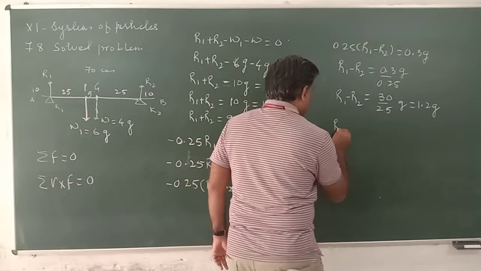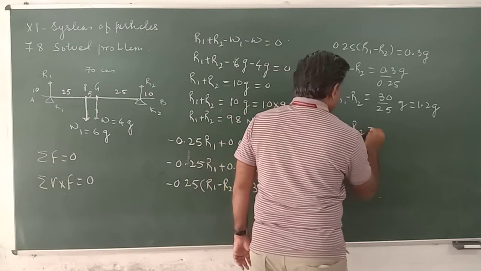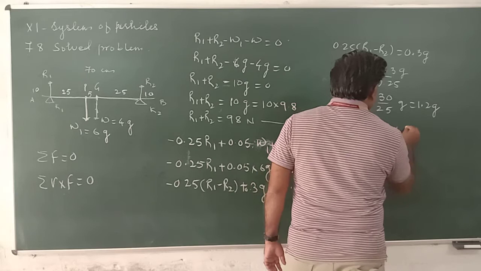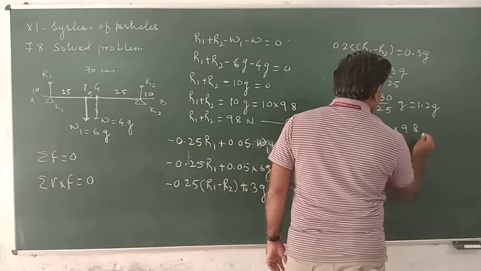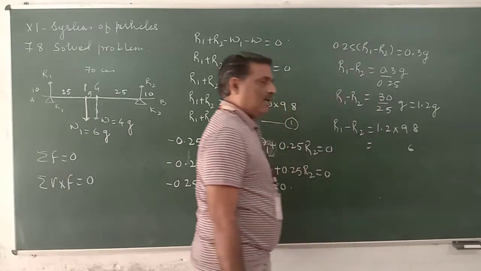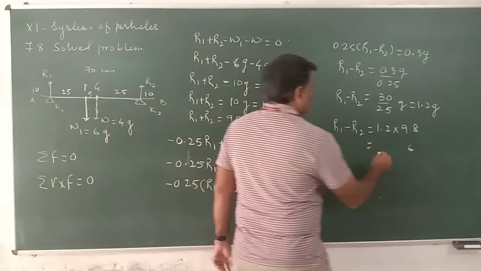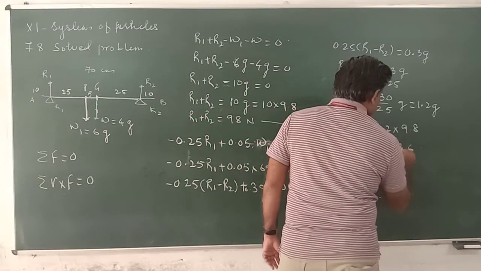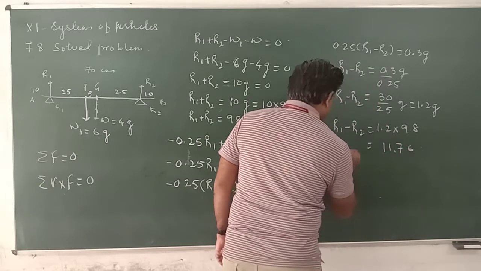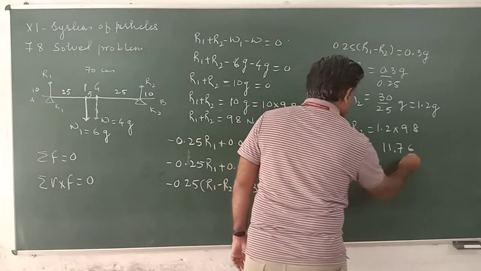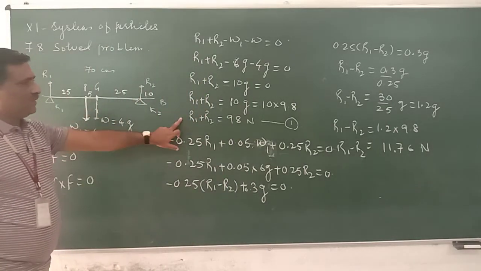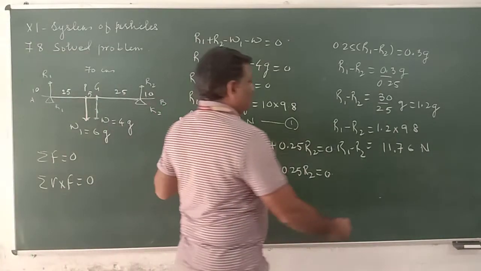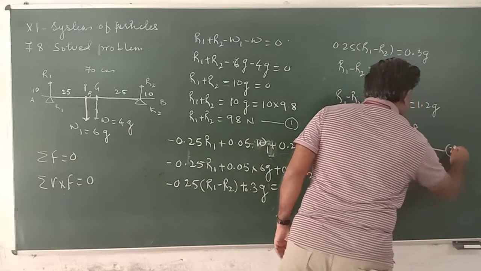We get R1 minus R2 is equal to 1.2 into 9.8, which is 11.76. So R1 minus R2 is equal to this. We got two equations: this is equation number 1 and this is equation number 2.